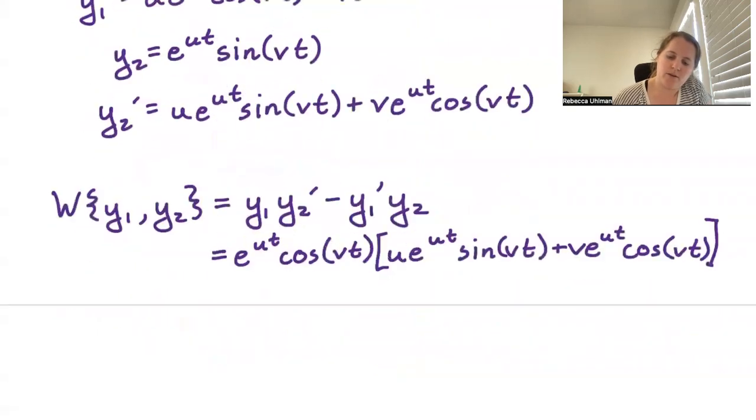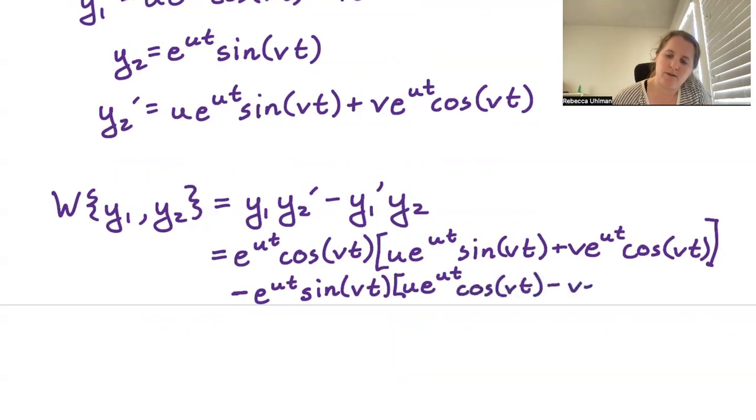And then from that, we are subtracting e to the ut sine of vt times u e to the ut cosine of vt minus v e to the ut sine of vt.